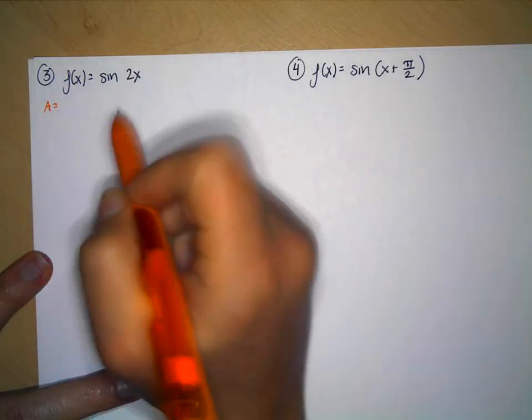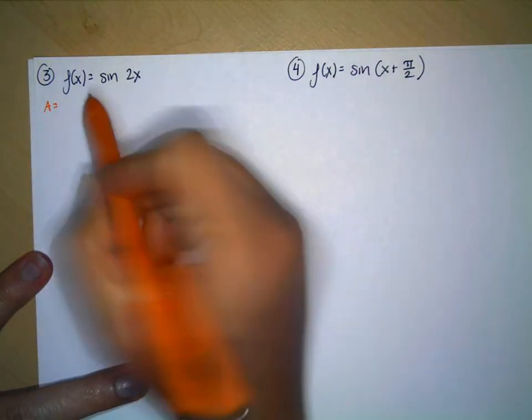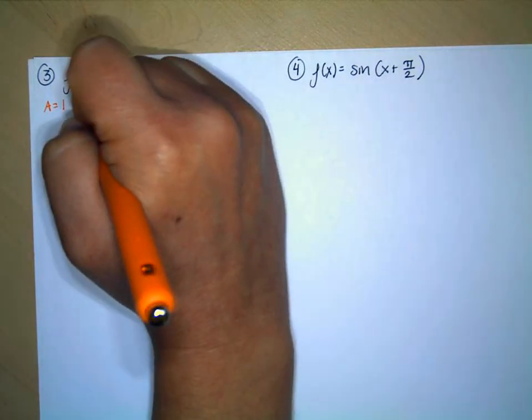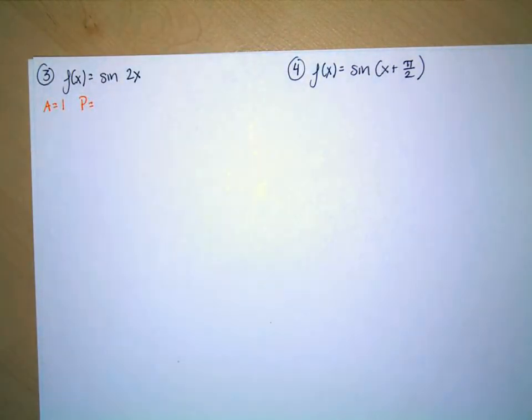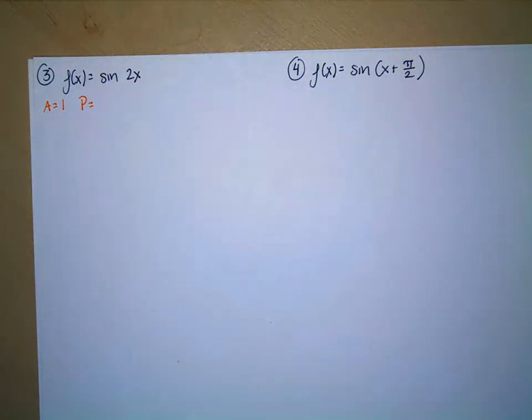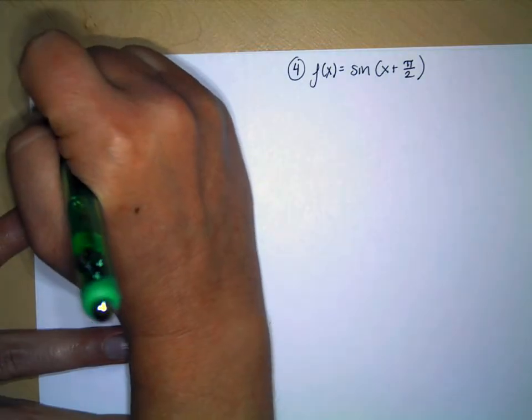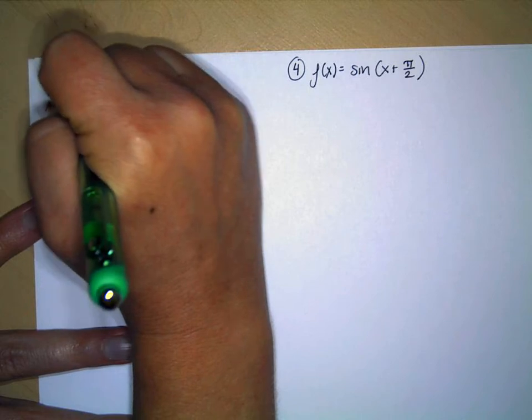All right, amplitude, the number in front of the sine, we could say is 1. Period. Well, we have this 2 in front of our x. And if you recall, I should have written this in already, that's our horizontal stretches and shrinks, and they act a little backward.